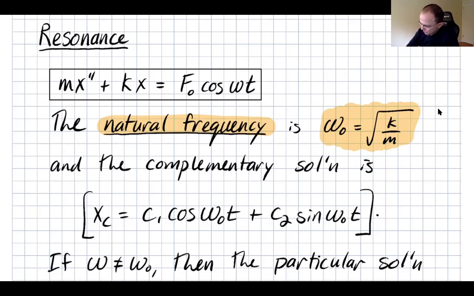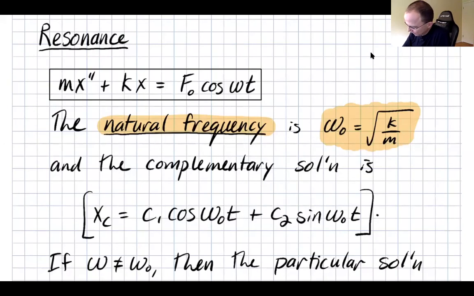So for the spring mass system, again we're just looking at undamped oscillations still. So there's no damping term. This is just a mass and a spring and then an external force. And we're going to use cosine of this. Okay, so the natural frequency of this, where does that come from?